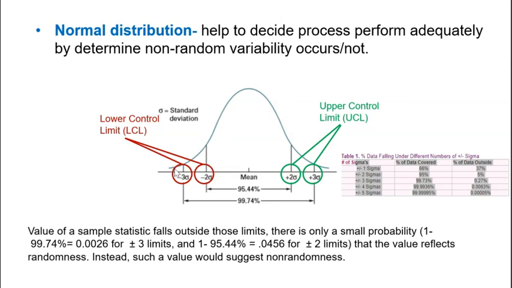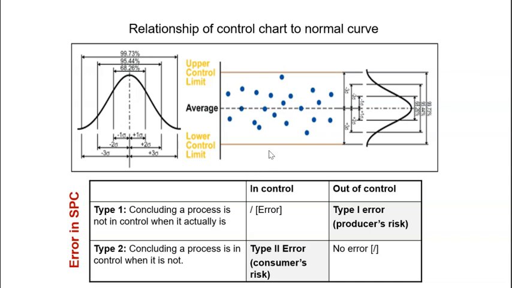Okay, so if you have a very strict requirement, you have a very clear inspection limit, whether you want 99.74% or 95%, it depends on the requirement. And it depends on the control chart.